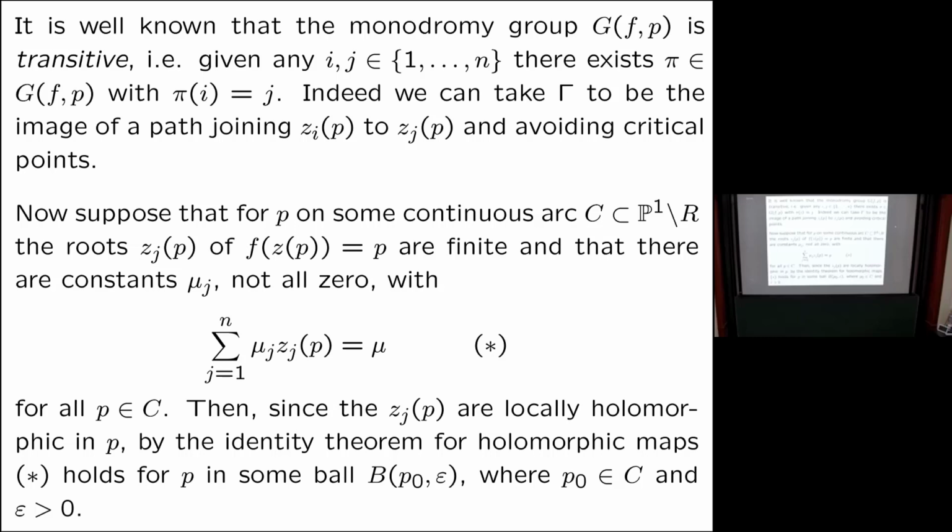But this is a holomorphic function of P, and the identity theorem for holomorphic maps tells you that this relation would hold in some ball around P0. If you have a holomorphic function which is 0 on a sequence of points that converges to another point, then it's identically 0 in a little neighborhood of that point.